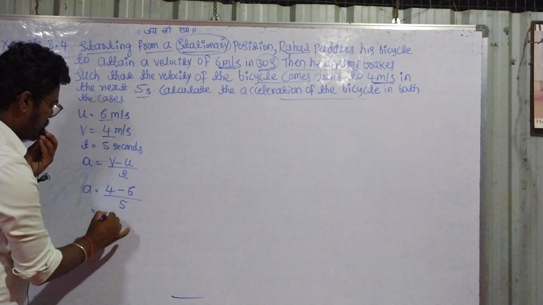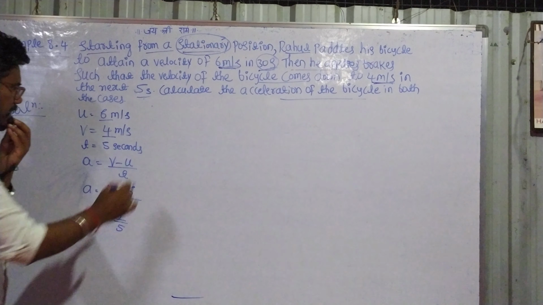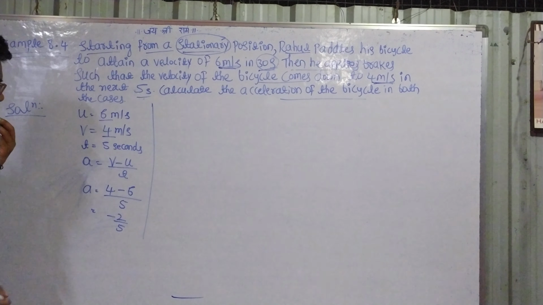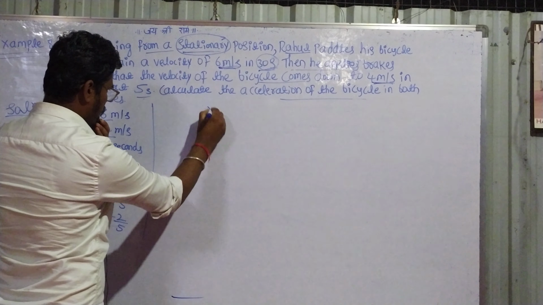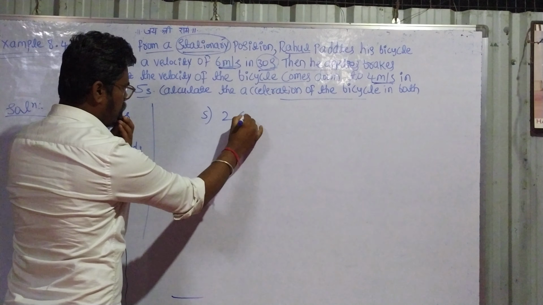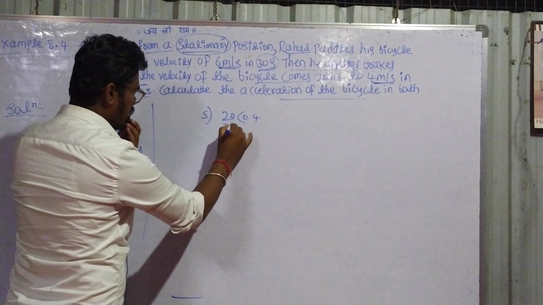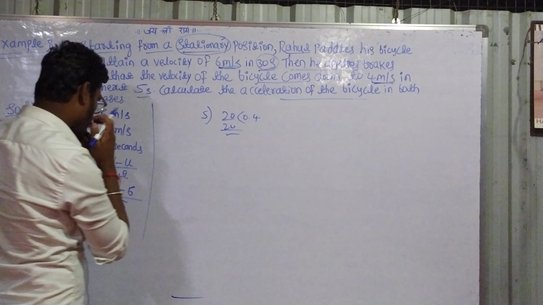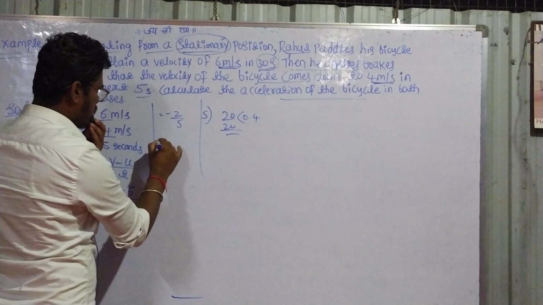So the value remaining is minus 2 by 5. Here 2 is very small, so you take a point and make a 0. 5 fours are 20.